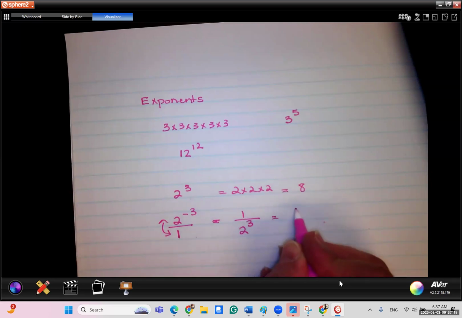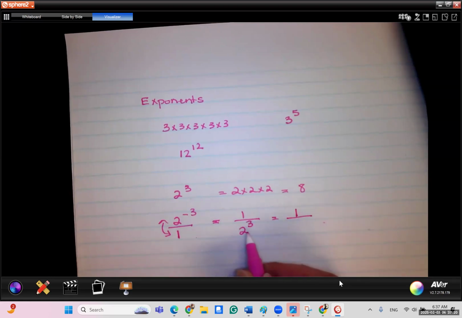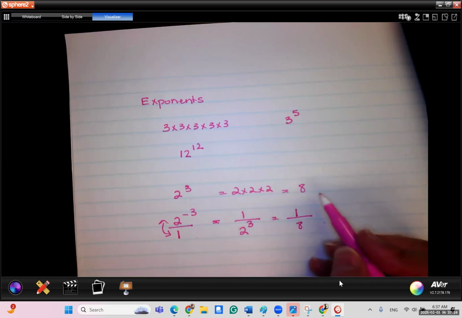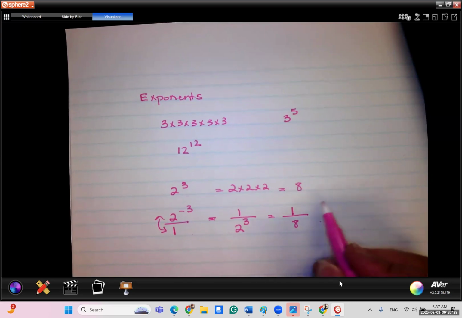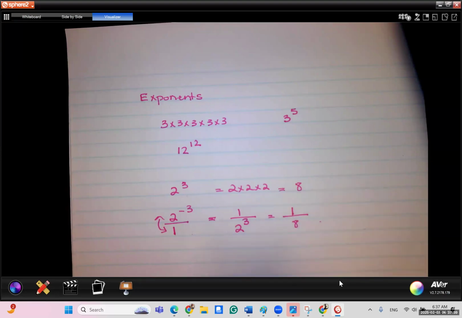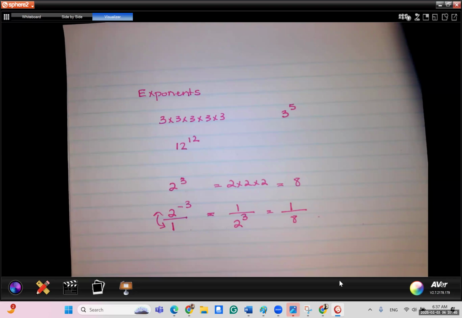The 1 stays over there, but 2 to the 3rd power is 8, so we have 1/8. You see the difference. 8 versus 1/8 is very different. For example, think of this as 8 whole pizzas, but this is 1 out of 8 pizzas, or 1 slice out of 8 slices, much smaller, okay? So that's how we deal with negative exponents versus positive exponents.